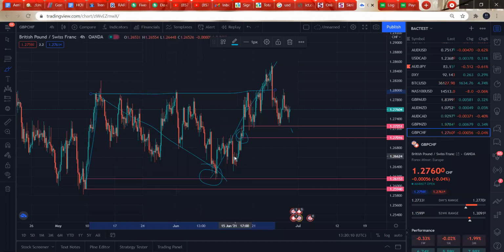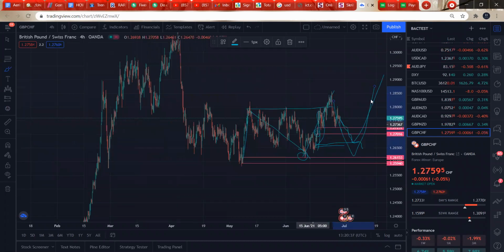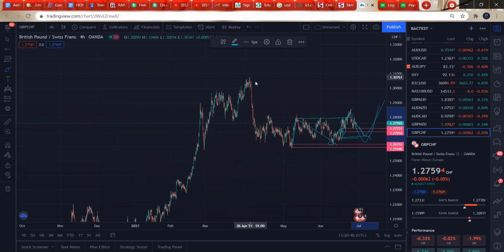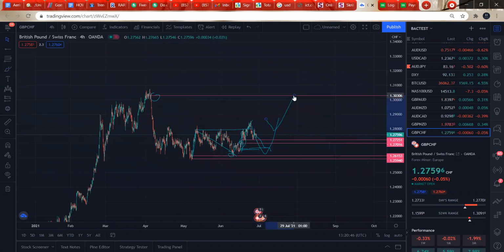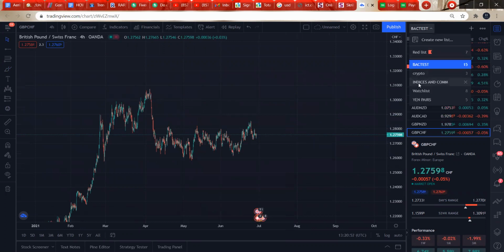So with this move, we still have a lot of areas that need to be covered before the market goes up. So we had this impulse. This market here can do this, come down. Next week, somewhere there, we can get this move all the way to break these tops here.